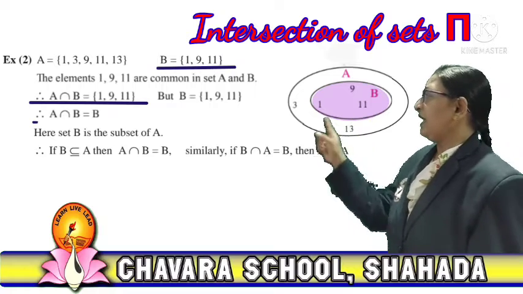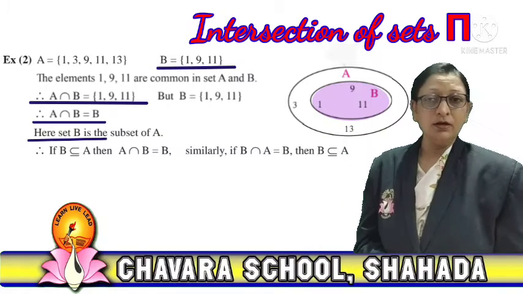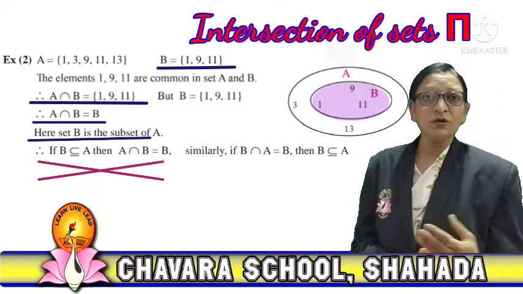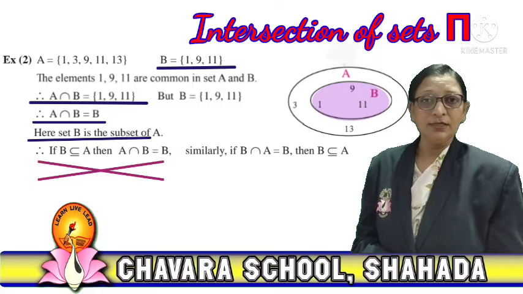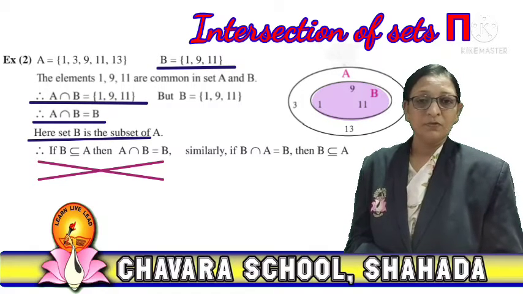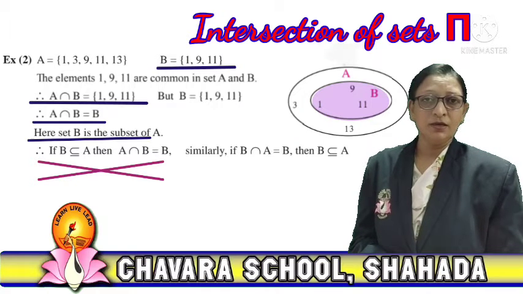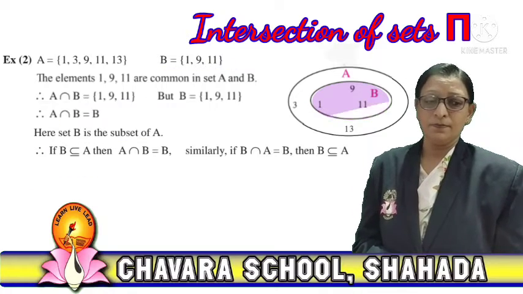Therefore, A intersection B is equal to B. Here, we say that set B is a subset of A. When A intersection B is B, then B is a subset of A.